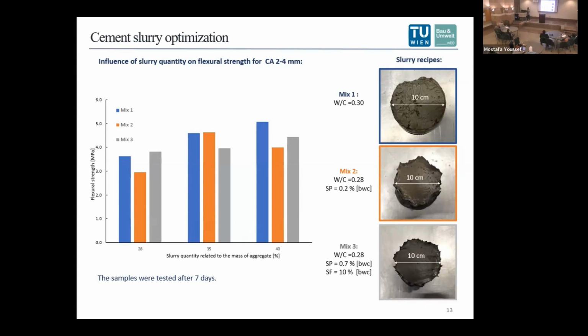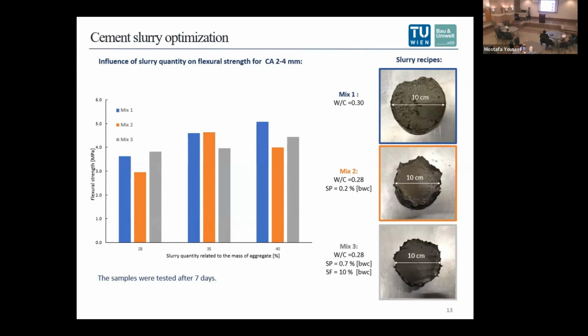The samples in this slide were tested after 7 days. Crushed aggregate 2 to 4 millimeter was used. In the x-axis, you can see the slurry quantity related to the mass of aggregate, and the y-axis shows the flexural strength. I forgot to mention, by the way, according to the Austrian standard, concrete pavers should have at least 3.6 megapascal flexural strength.